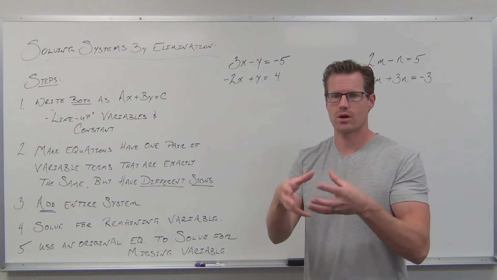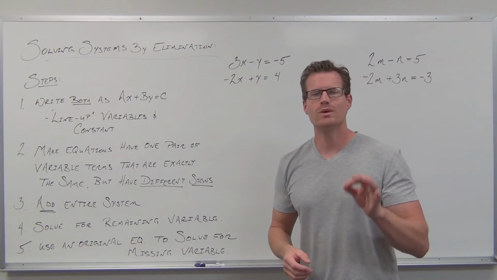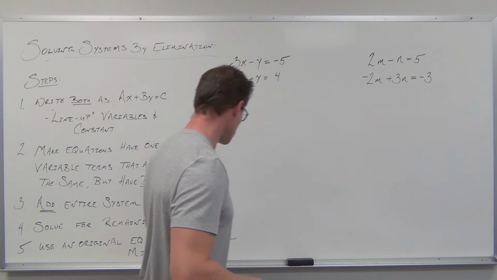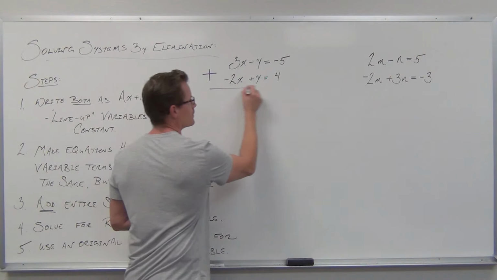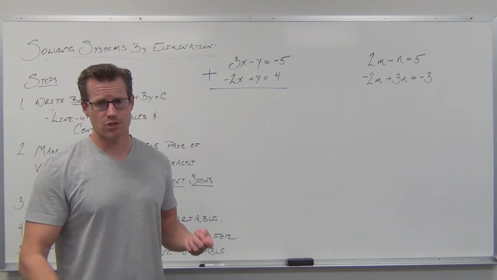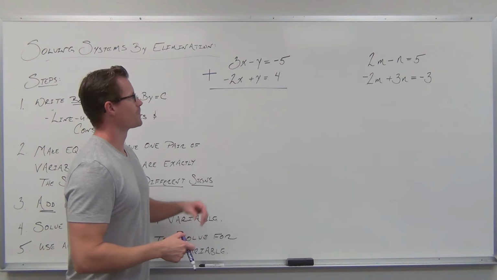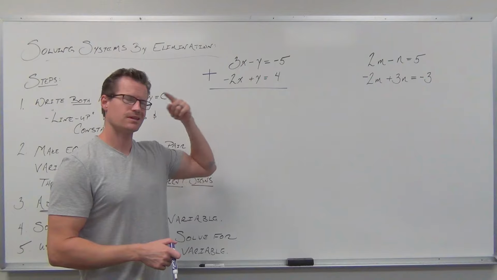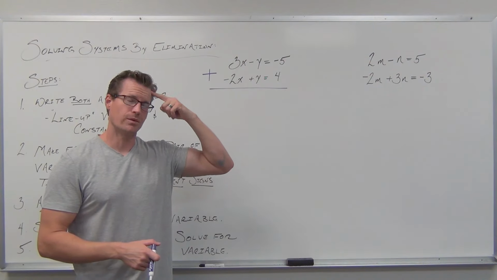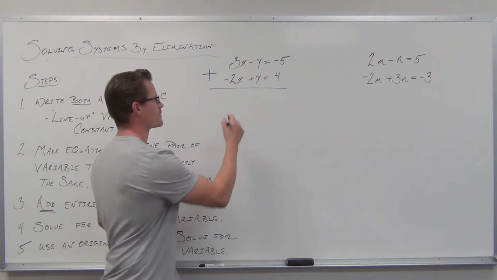Now here's the whole crux to the elimination method. When we add the system, and we're literally going to add it, well, 3x plus negative 2x. That's 3 plus negative 2. Well, that's positive 1x.